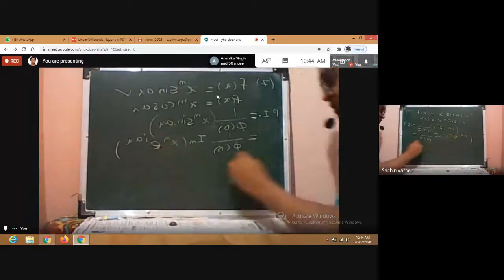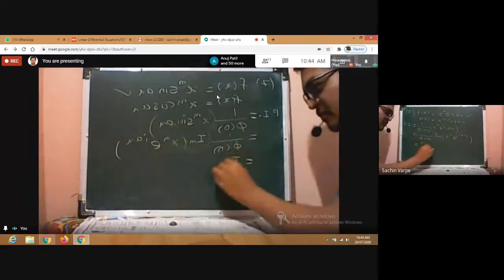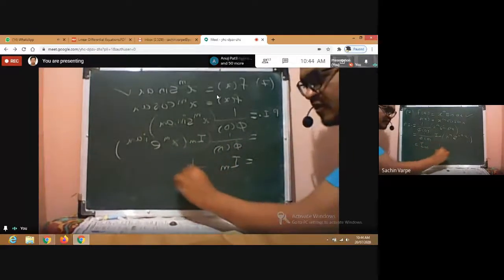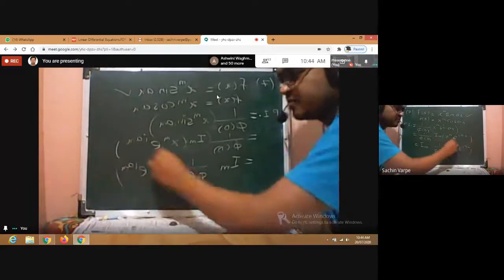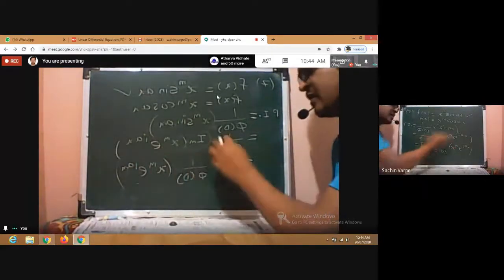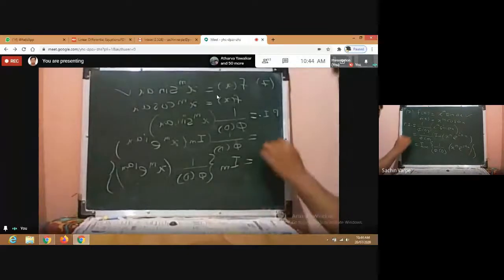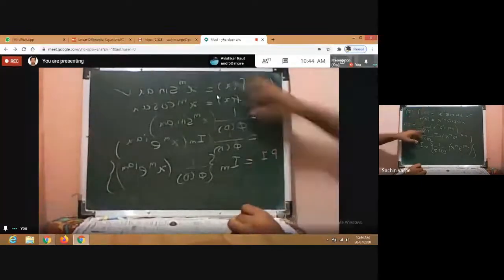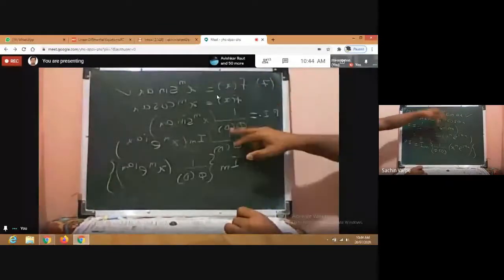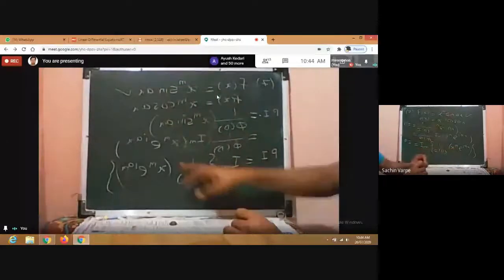So what can I do? I can write the imaginary part of 1 upon phi of D into x raised to m e raised to i ax. One and the same, because this is an operator, I can write it inside the imaginary part. So the formula now: P.I. equal to 1 upon phi of D x raised to m sin ax is nothing but the imaginary part of 1 upon phi of D x raised to m e raised to i ax.